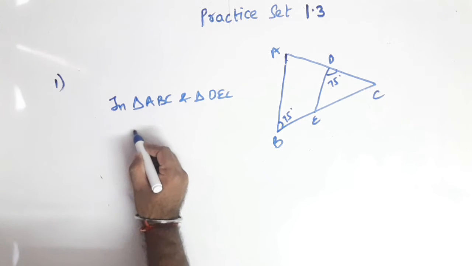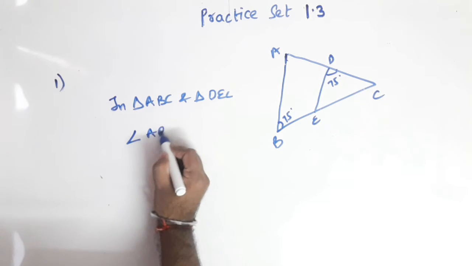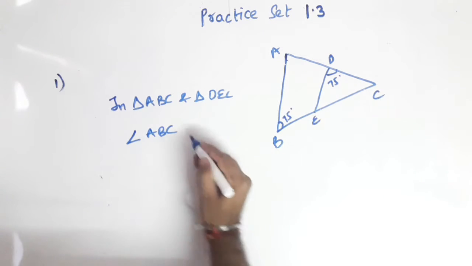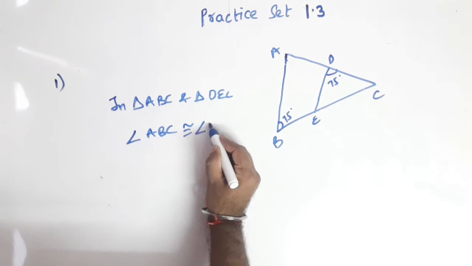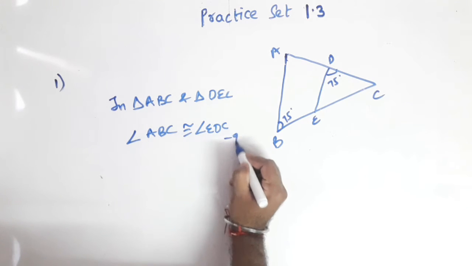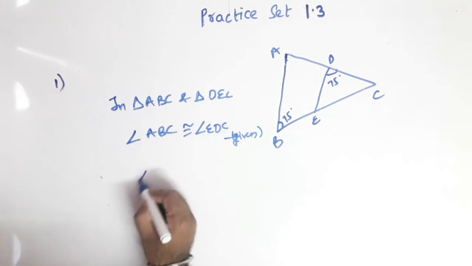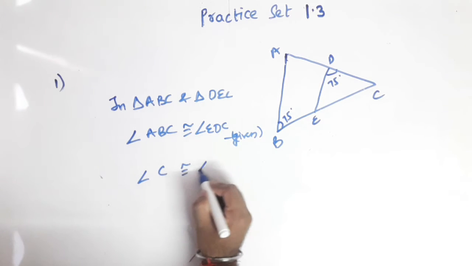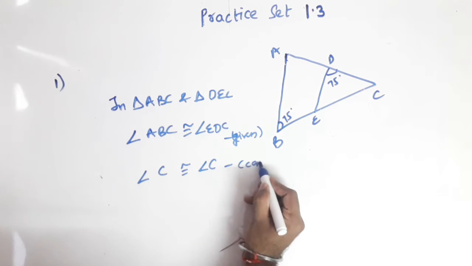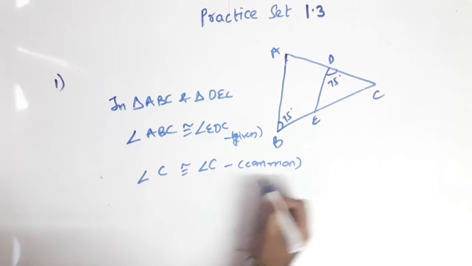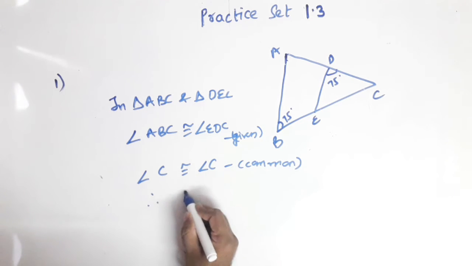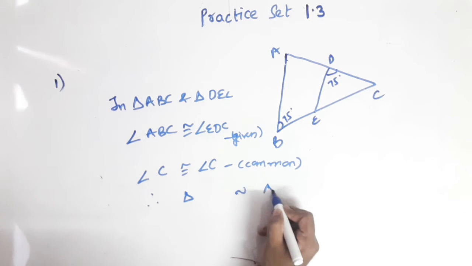So first I'll write angle ABC. You can see this angle is congruent to angle EDC. This is given. And one more angle you can see, angle C is congruent to angle C. This is common.